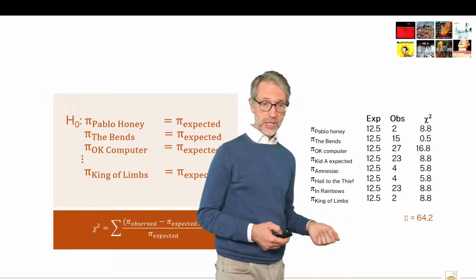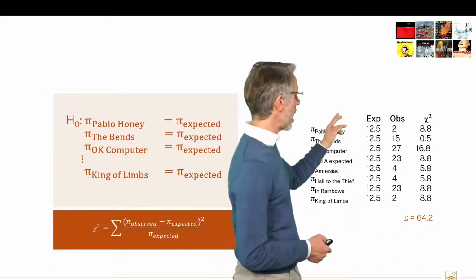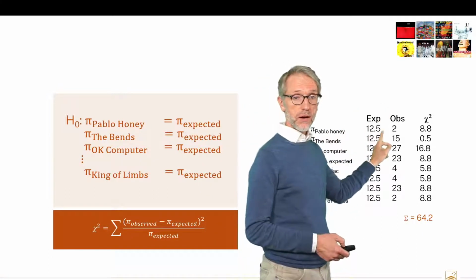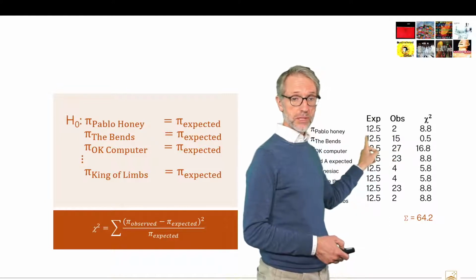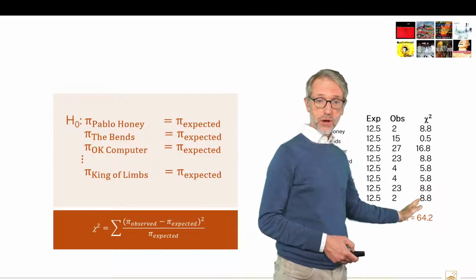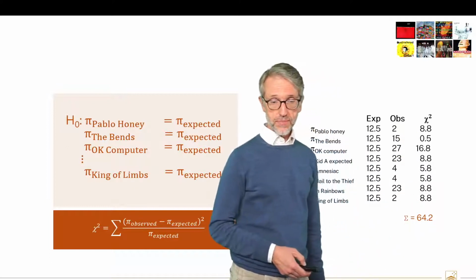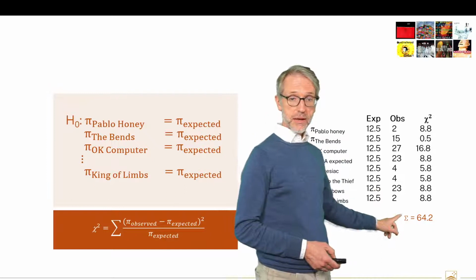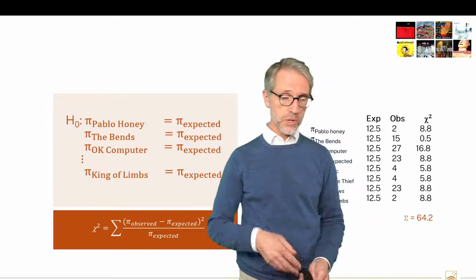And we calculate our chi-square from our observed minus expected squared divided by our expected. It gives us a column of chi-squares.